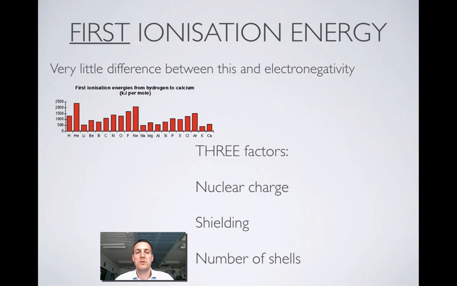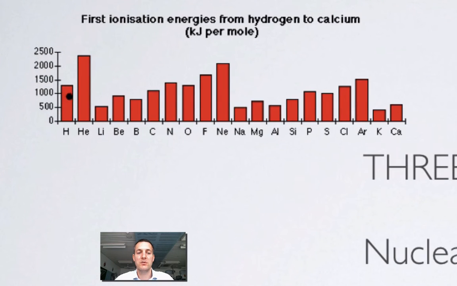Now, finally, let's move on to the first ionisation energy of an atom. This, remember, is the amount of energy we have to put in to remove an electron. Now, you might think if an atom is highly electronegative, it holds onto its electrons very strongly, then we'd have to put in a lot of energy to remove an electron, and you'd be quite right. In fact, if you look at this graph, every time we go across a period from hydrogen to helium, it's increasing. Now we drop down to the next period.